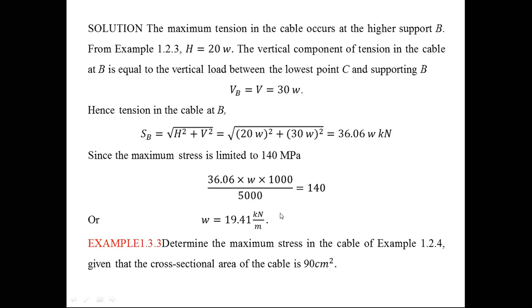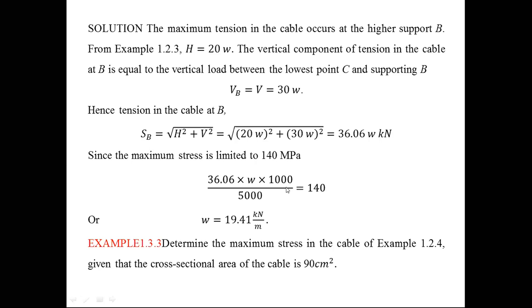Such problems will be analyzed like this, from example 1 to 4. Clear? I already explained the uniform distributed load in the earlier problem. Now I explained non-uniform load with different elevations, different levels.